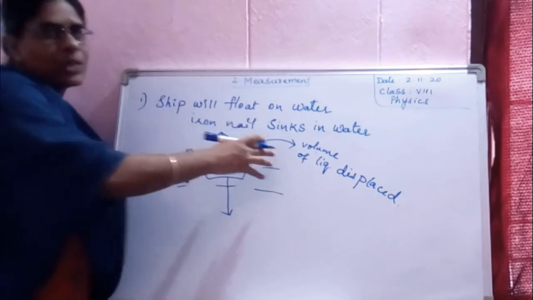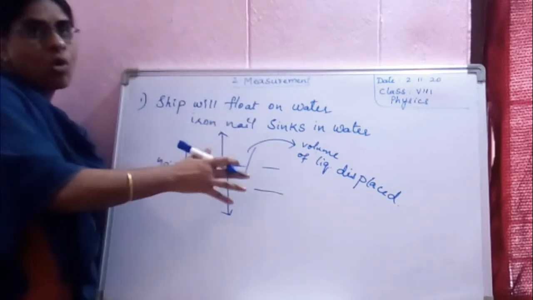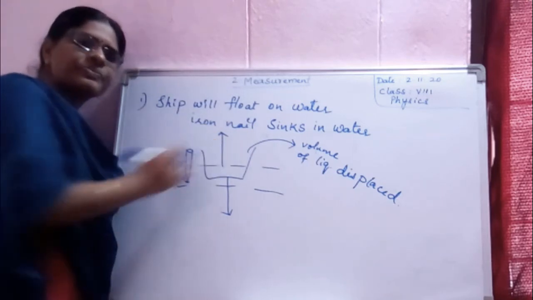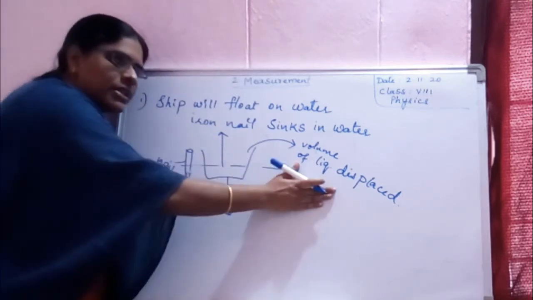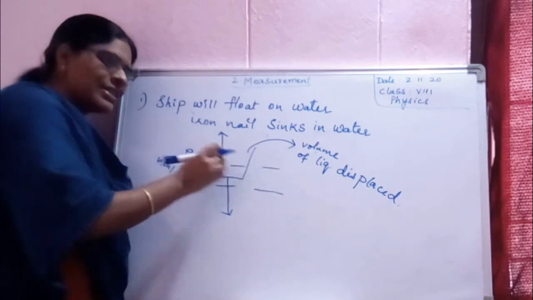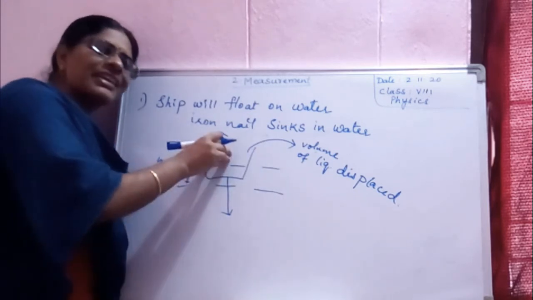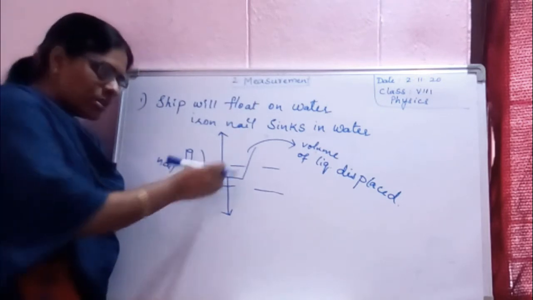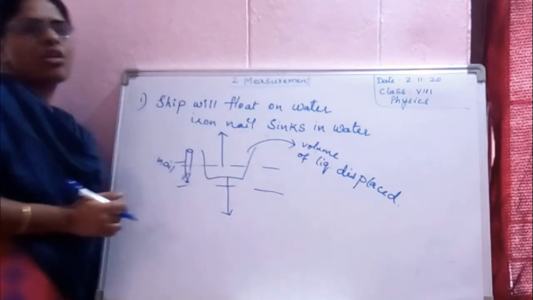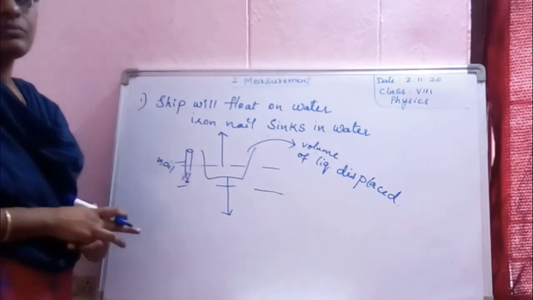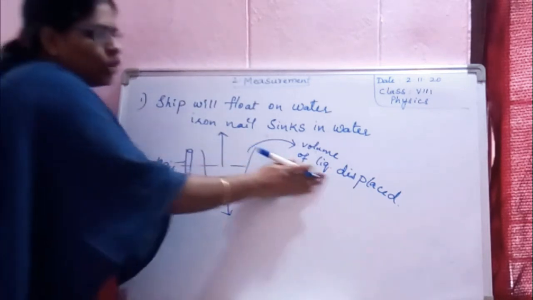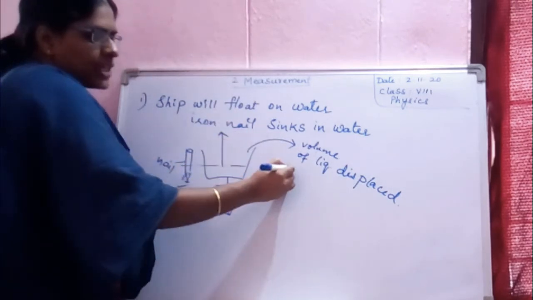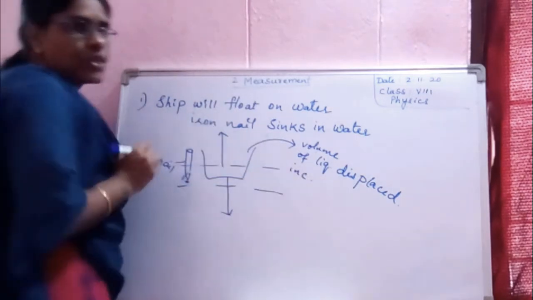Volume of liquid displaced is more. Hence, what happens? This liquid is nothing but increases your buoyant force than the weight of the object. Volume of liquid displaced is more, which increases which force?